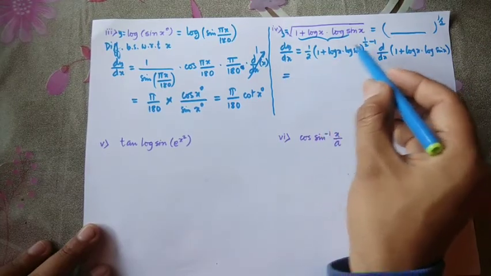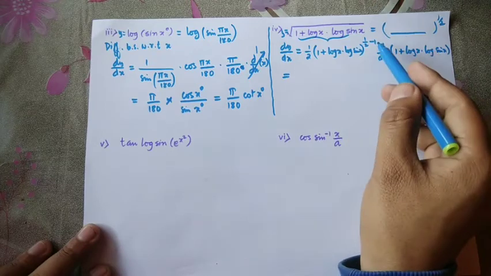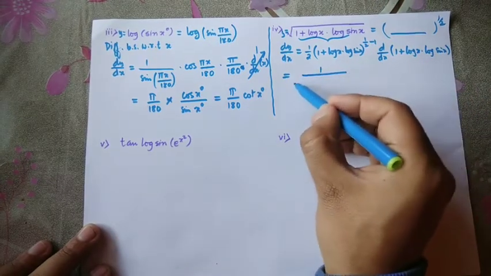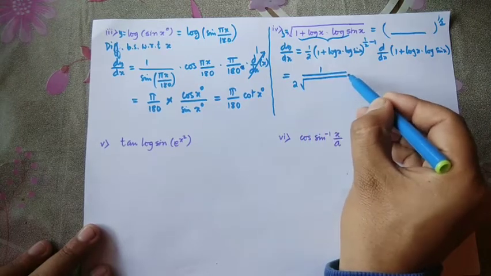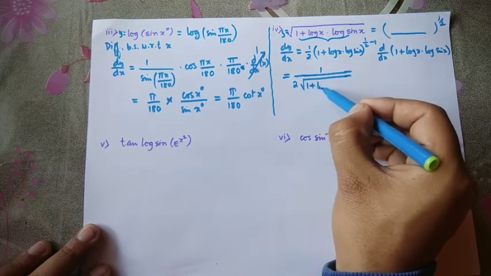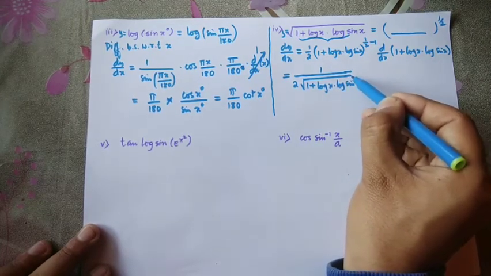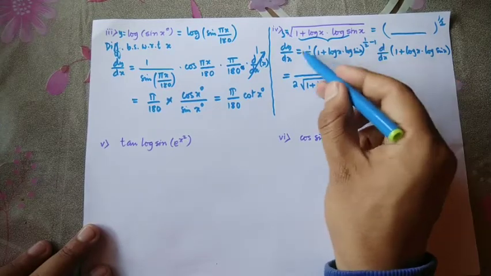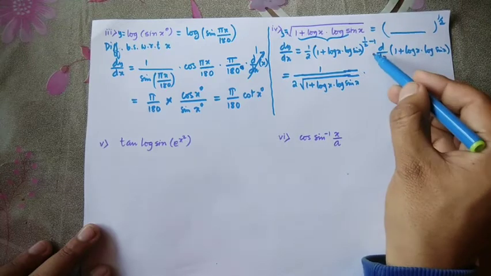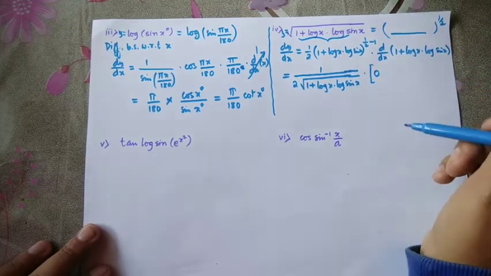Okay, so this is power minus half, so when it goes down the power becomes plus, so this can be written as in fact 1 by 2 square root of the same thing, 1 plus log x into log of sine x. So this much can be written in this way, into d by dx of 1 is 0, right?